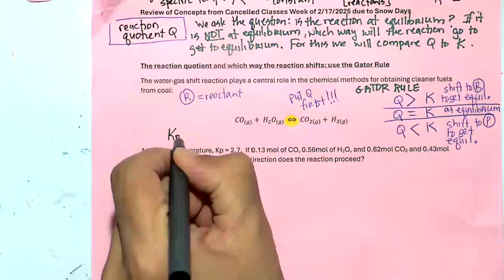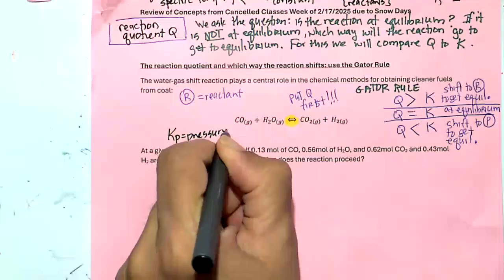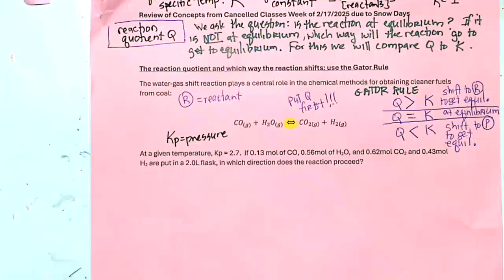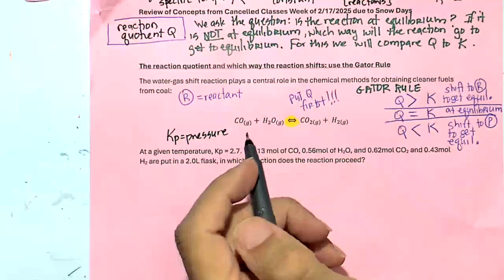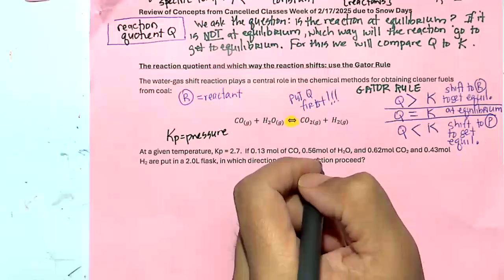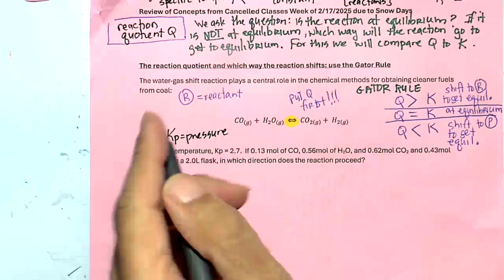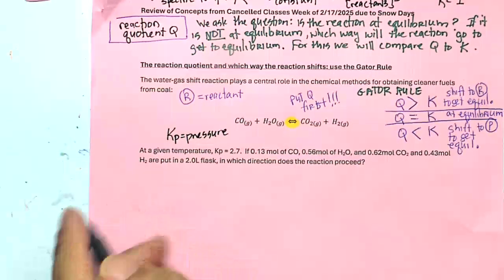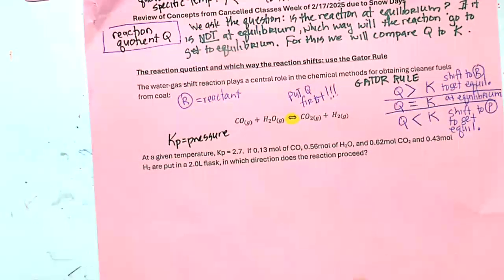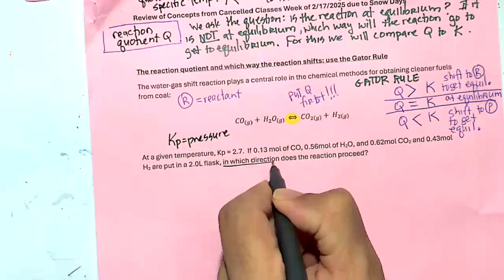Now this P in the Kp stands for pressure, and that's going to equal 2.7 in this problem. And if 0.13 moles of CO, 0.56 moles of H2O, 0.62 moles of CO2, and 0.43 moles of H2 are put in a 2-liter flask, in which direction will the reaction proceed?